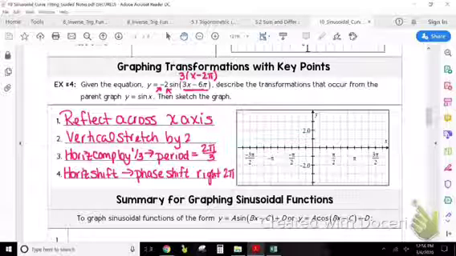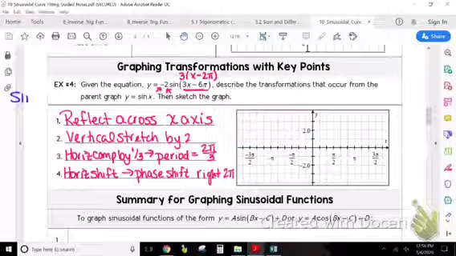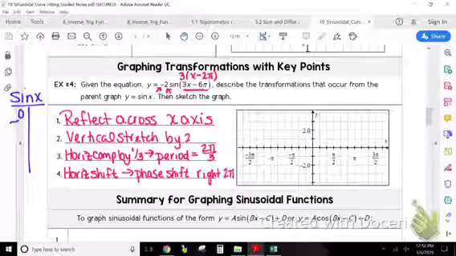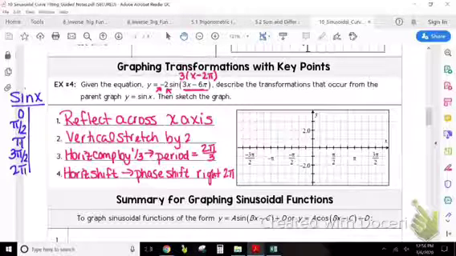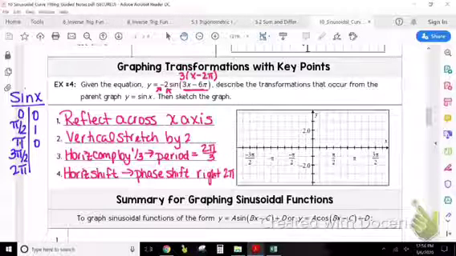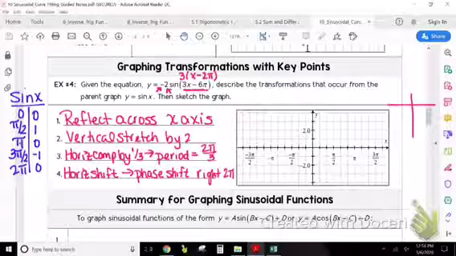All right, so we're looking at sine. So I'm going to write down my parent table because I need it to look at. What's going to happen to my x's?